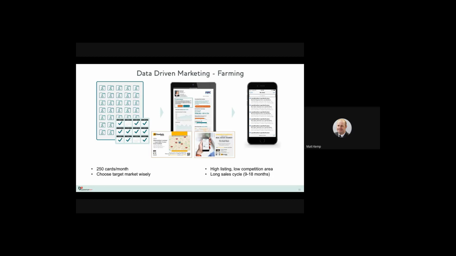That QR code sends the user to a market snapshot like this. It's specific to that address, so it gives them an approximate home valuation right there. It's a pretty wide range, and that's by design.